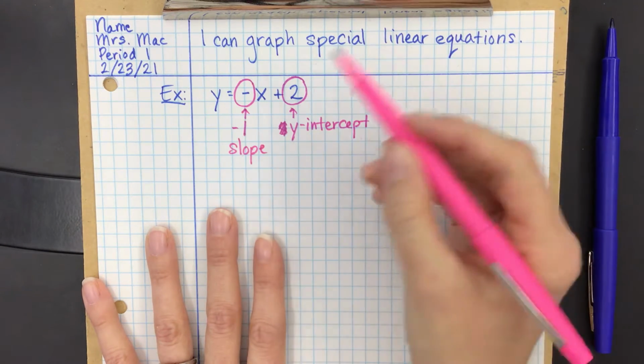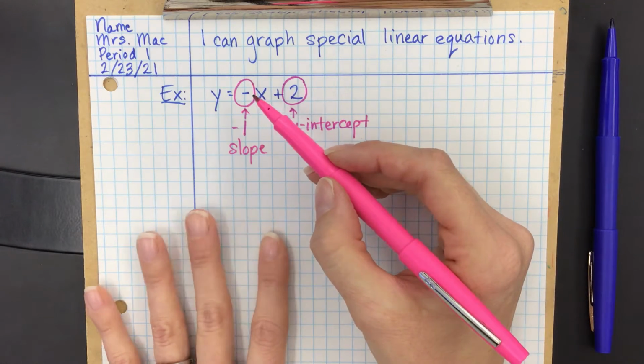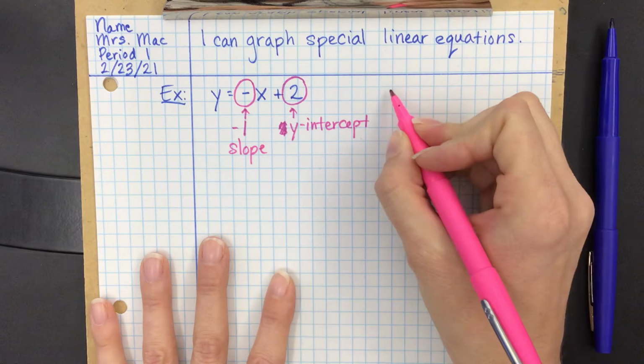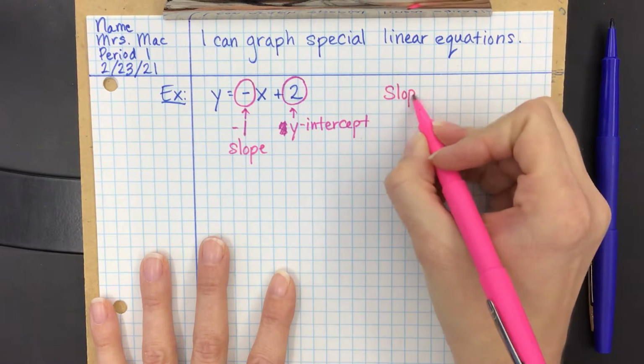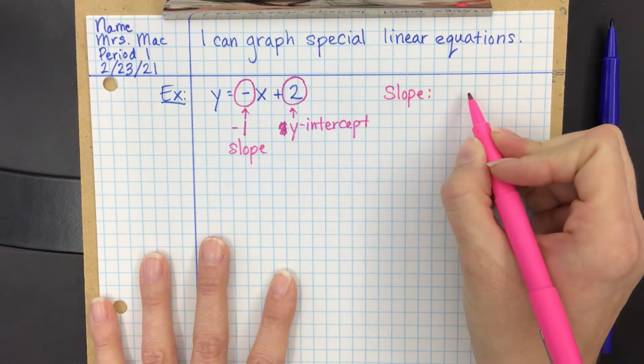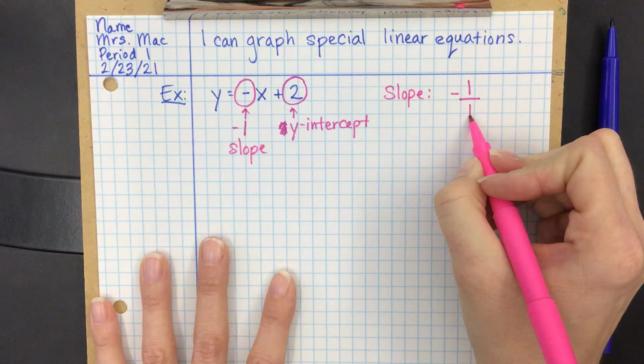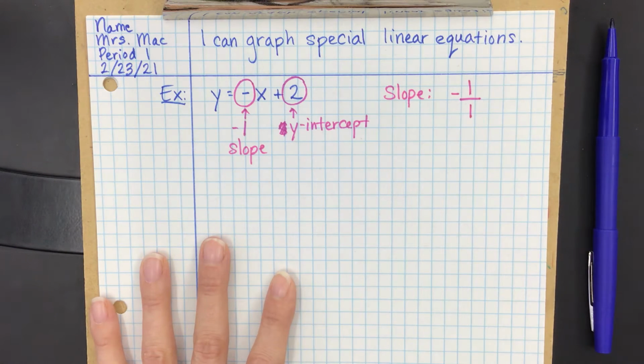Okay? So your y-intercept is 2. Your slope is -1. And let's look at this in more detail here too. Remember that this -1 is the same as -1/1. Everybody follow me so far?